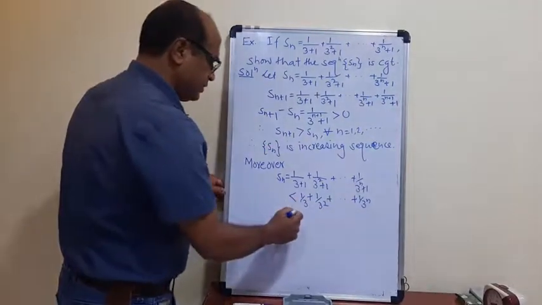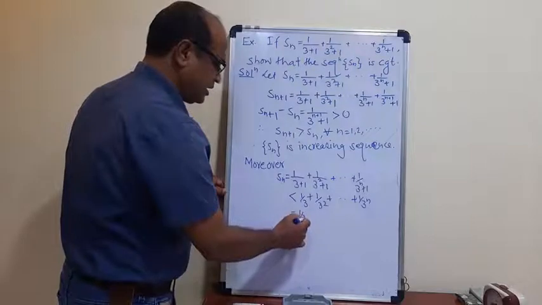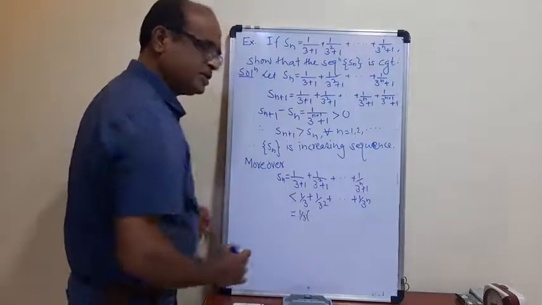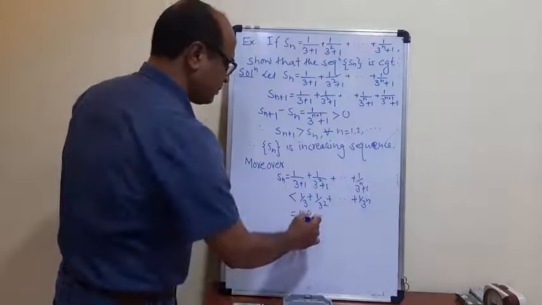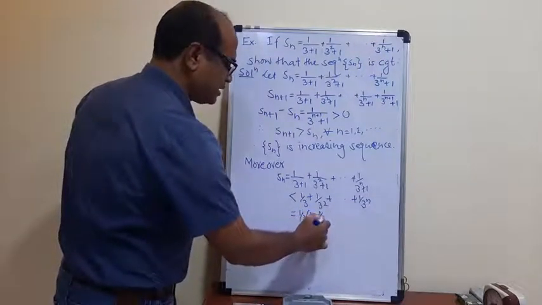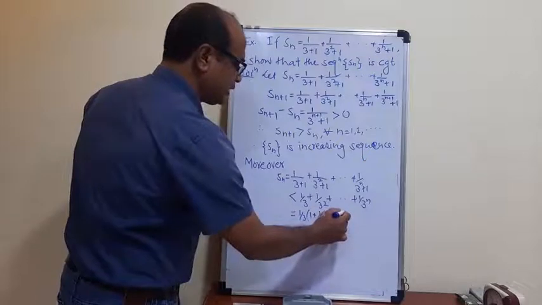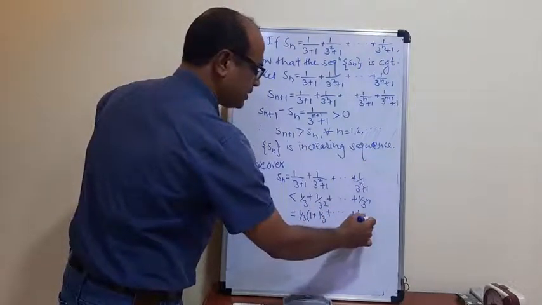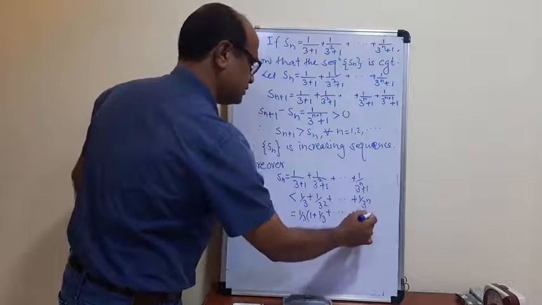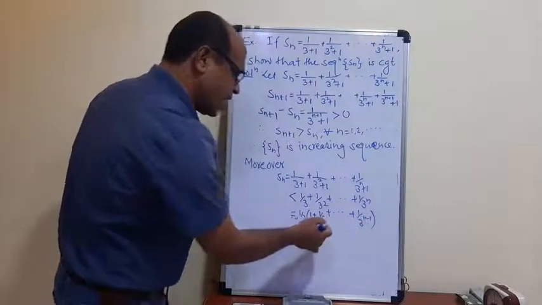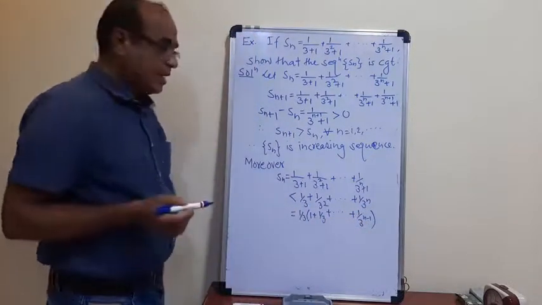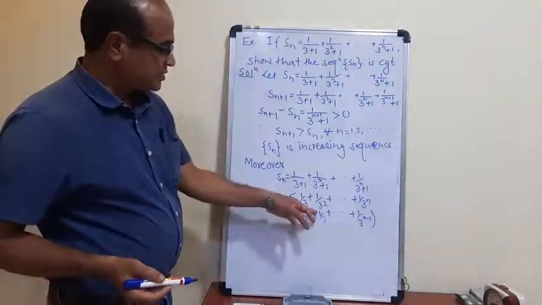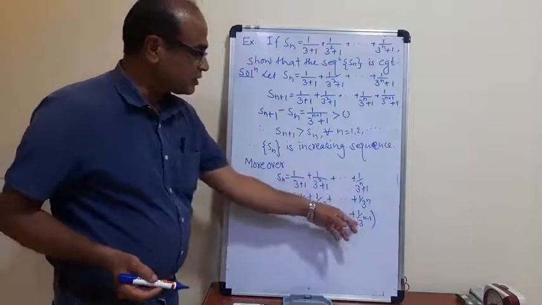So this equals, taking 1 by 3 common, 1 by 3 into the bracket 1 plus 1/3 plus and so on up to 1 upon 3 raised to n minus 1.